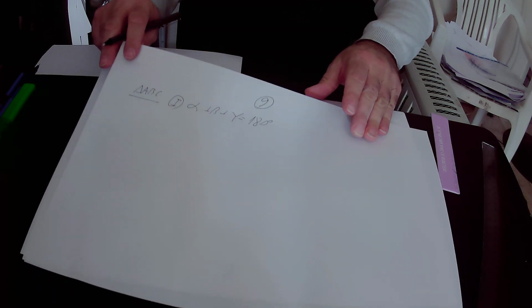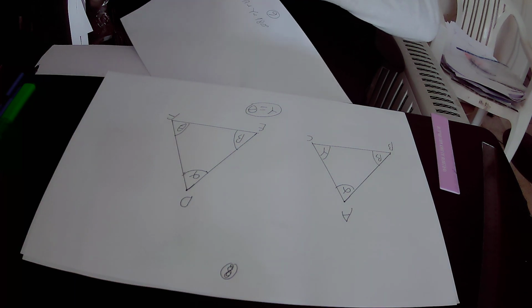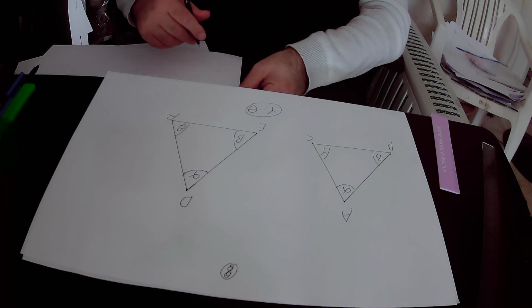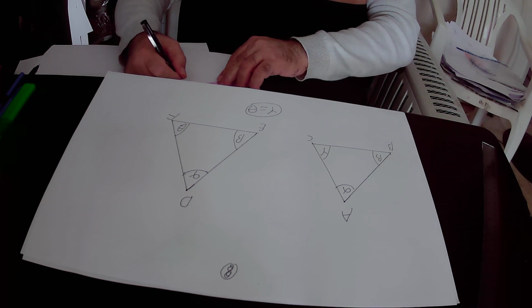Likewise, in triangle DEF, this triangle, the sum of its angles equals 180 degrees.